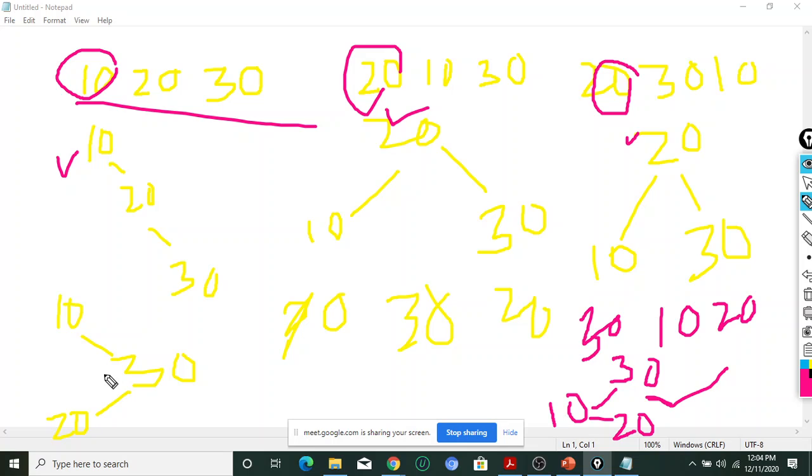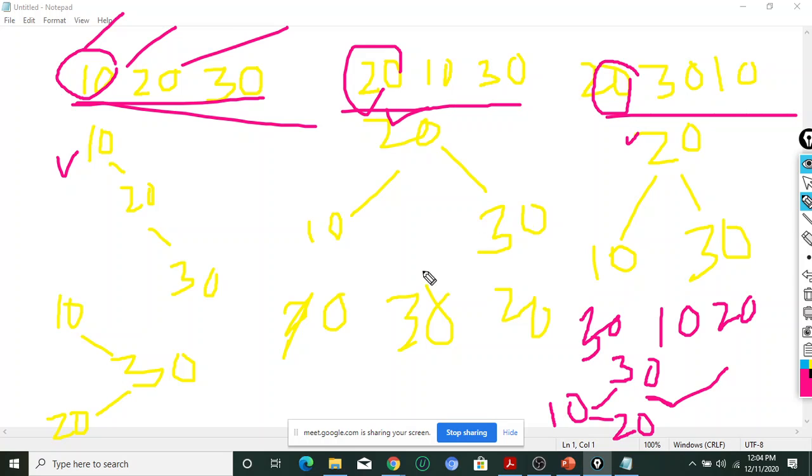Now come to the point I am discussing here: the key values are the same, and the number of keys is also the same, but the order of the keys which I have just shown is different. From that we can see the height of this tree is 1, 2, 3. If I start counting from 0, then 0, 1, 2, the height of the tree is 2.